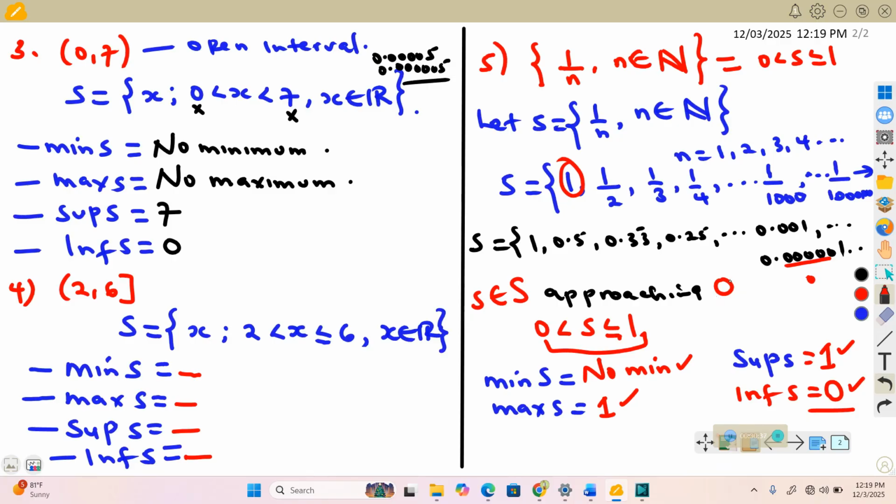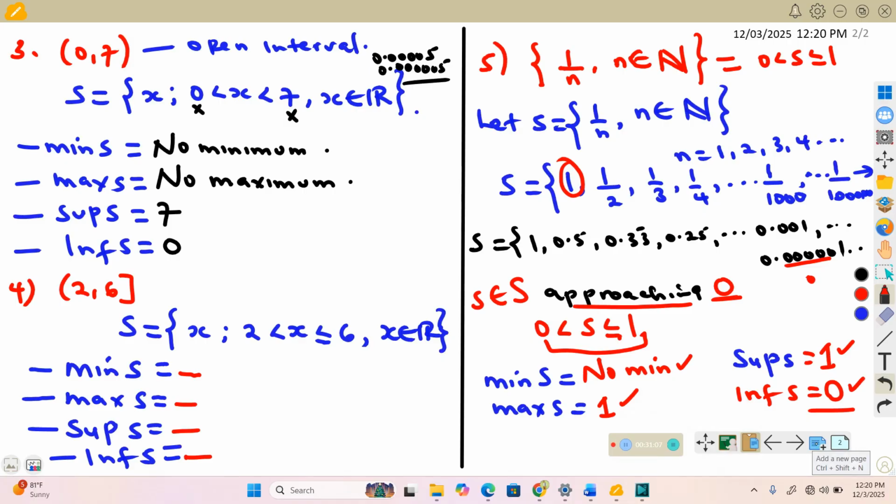So that's why we are including 0 as part of our set. But as we said, 0 is not part of this set; the elements of this given set are simply approaching it. They can never go beyond this value, which is 0. I hope that one is very clear.